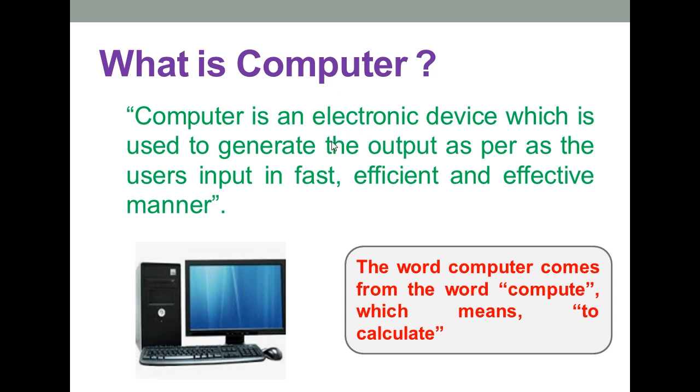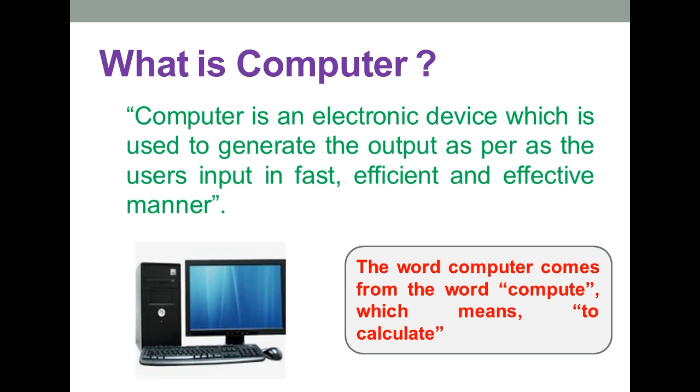So first of all we have to give the input to the computer so that it can be processed by the processing unit, and after that the output will be generated. And as we are using the computer for performing any task, this computer works in a very fast, efficient and effective manner. So this is one definition, and for defining this we can see that first of all we take the raw data as an input from the user.